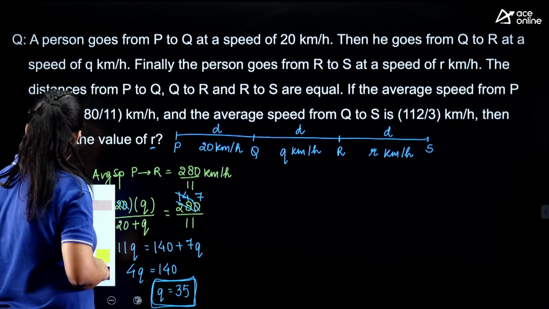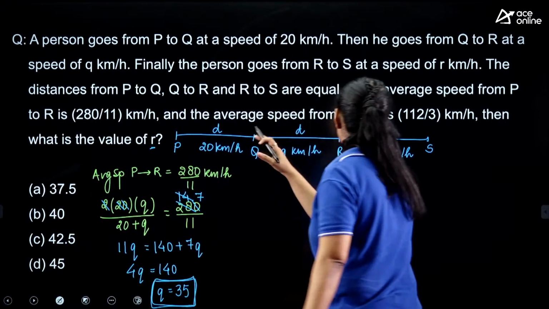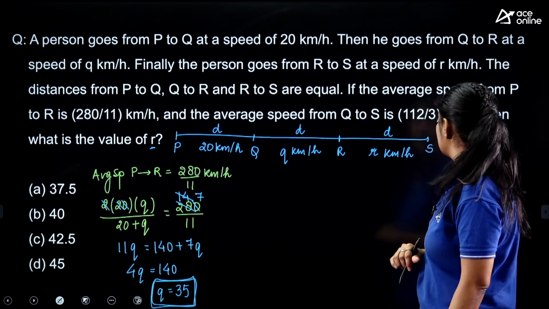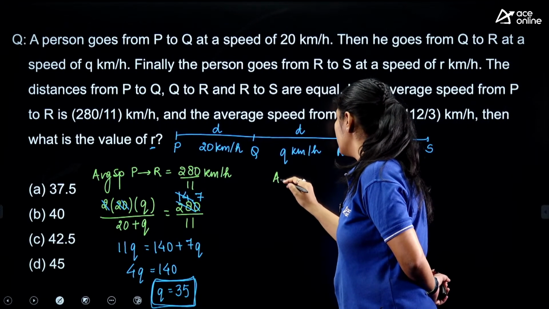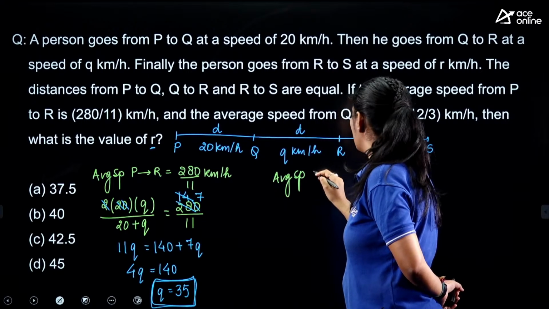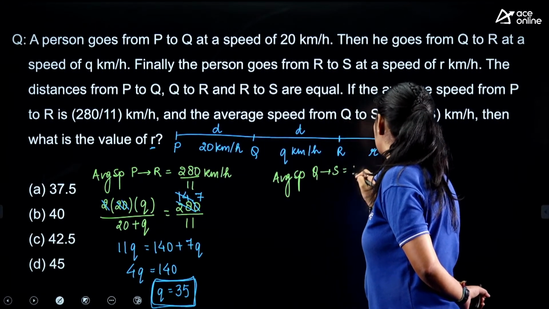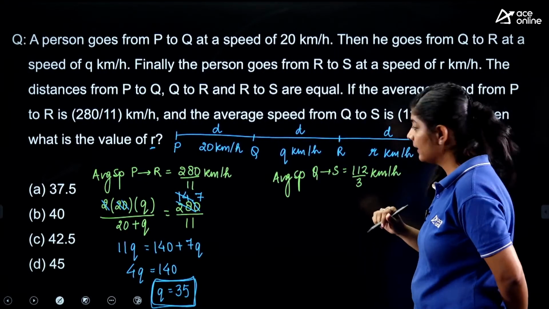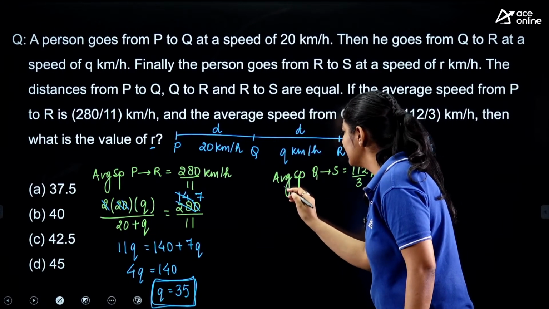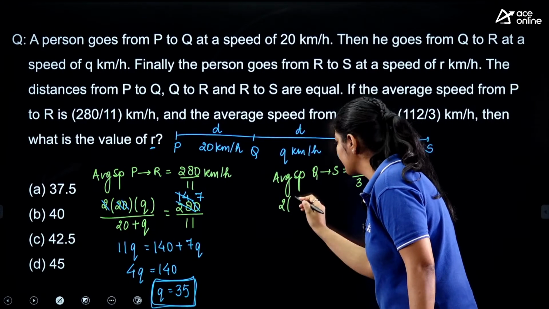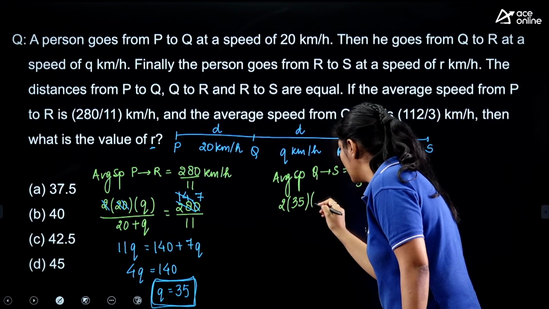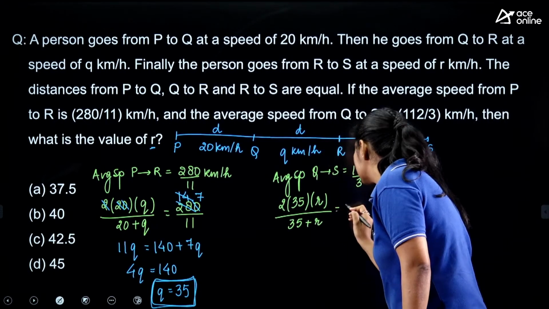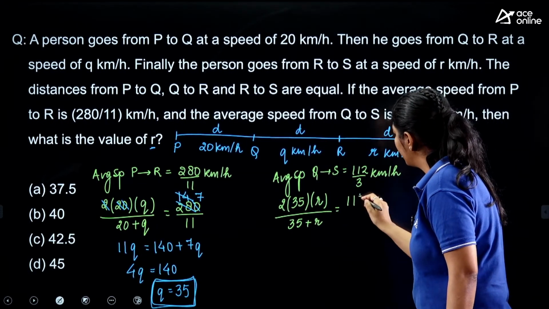Now, the question says that he went from Q to S and the average speed in that case is 112 by 3 kilometers per hour. So again it is 2 into the value of q, which is 35, into r, divided by 35 plus r, equal to 112 by 3.